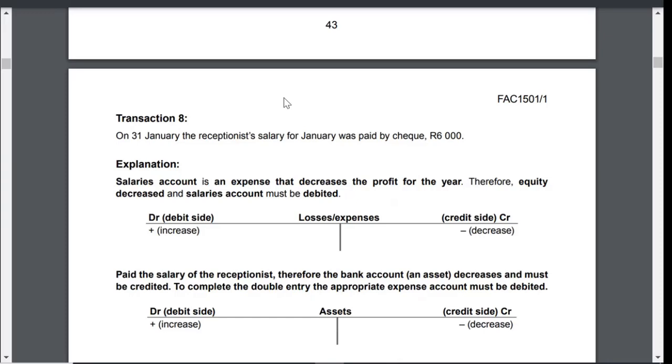So when a salary is being paid by a company, what is happening? Is the expense increasing or decreasing?